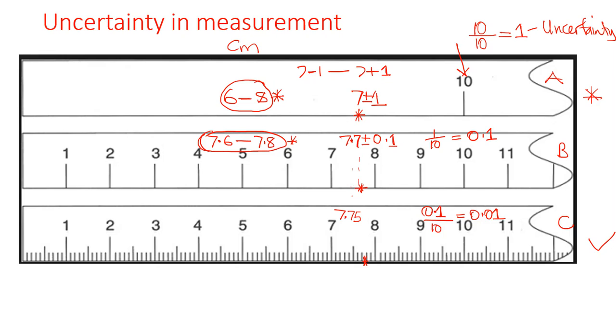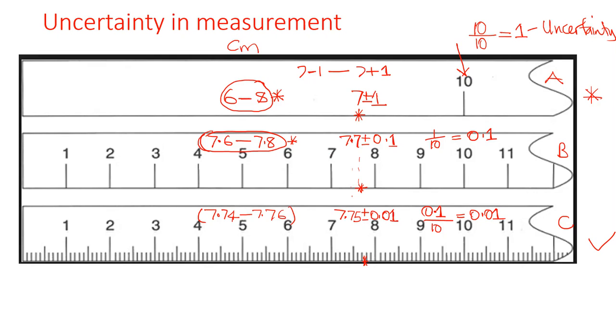Then once I do that, I'll just add my uncertainty there, plus minus 0.01, which means my value is between 7.74 and 7.76.